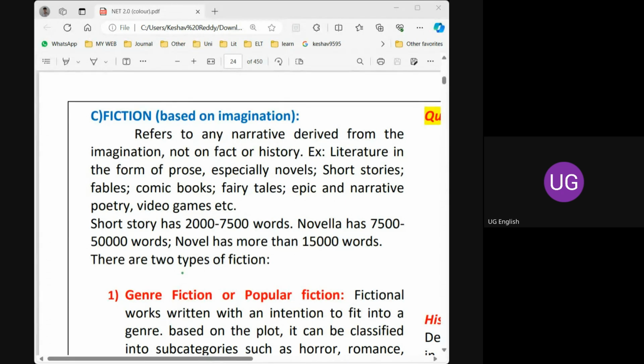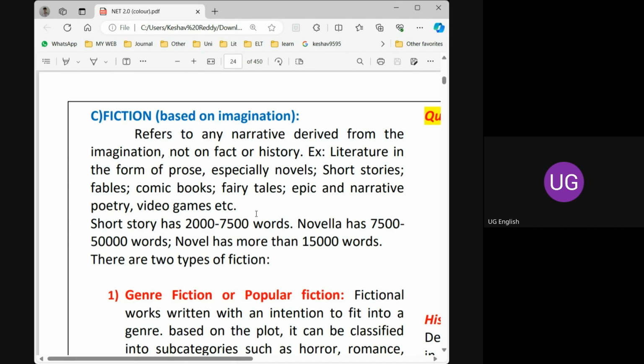Now I will go into yesterday's class for quick revision. We have gone through the definition of fiction. It is based on imaginary characters, imaginary situations, as well as an imaginary plot, or what we can call a story.